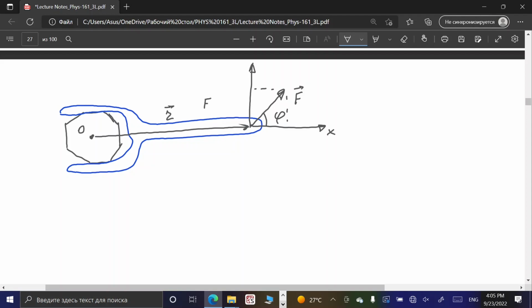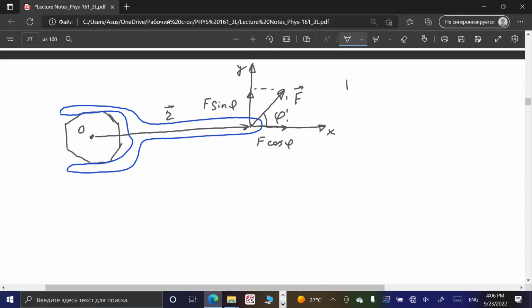This will be F times sine phi, and this will be F times cosine phi. We see that the projection on axis x does not make any effort to rotate the bolt, since it goes through the line which connects the center of the bolt and the point where the force is exerted. So there is no lever for rotating. Obviously, only the component along axis y tends to rotate the bolt.